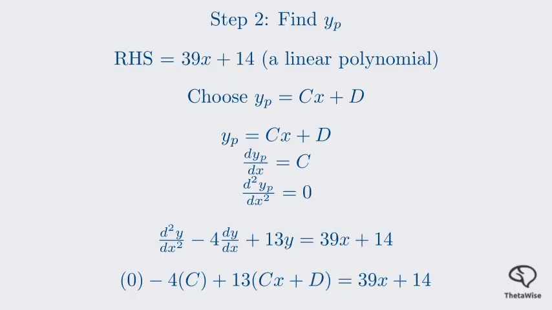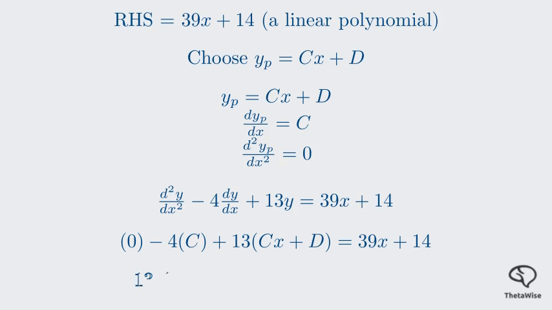Let's expand the left side. This gives us negative 4c plus 13cx plus 13d equals 39x plus 14. Let's write the x term first for clarity. 13cx minus 4c plus 13d equals 39x plus 14. Now we find the constants c and d by equating coefficients. This is a key technique for polynomial RHS.